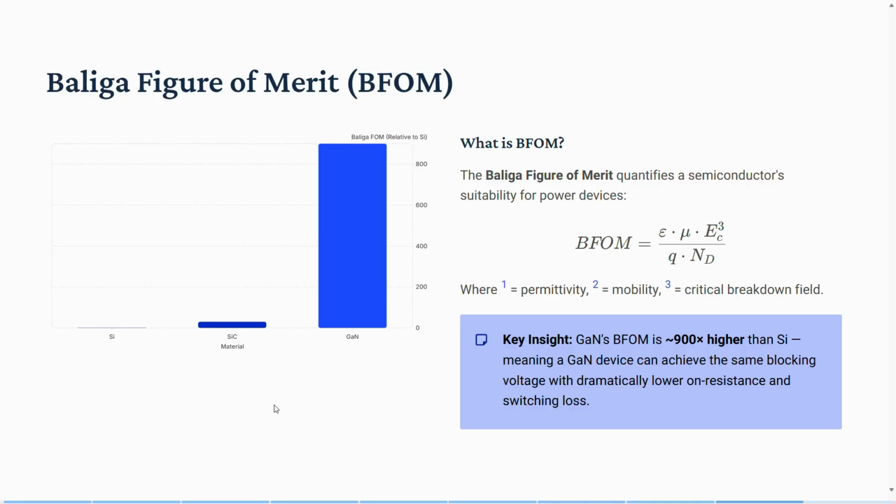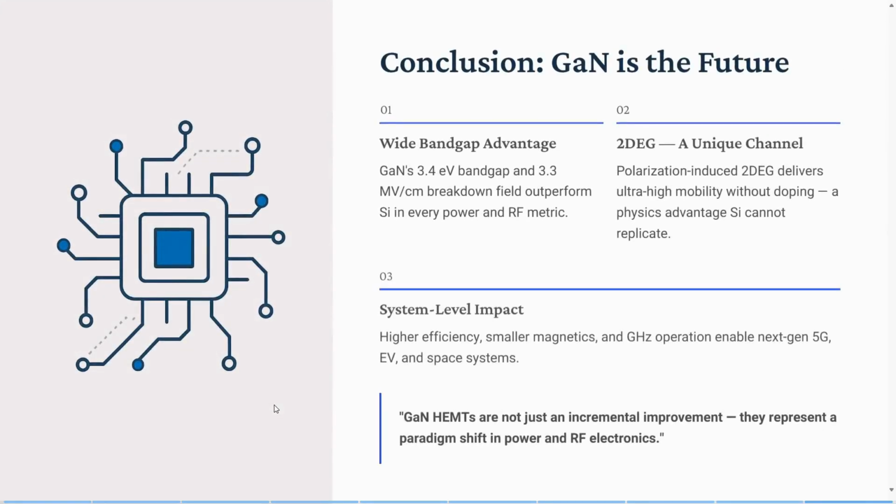In conclusion, GaN HEMTs are an advanced semiconductor technology that offers high speed, high efficiency, high power capability. They are widely used in modern systems like 5G, electric vehicles, and advanced communication technologies. Their ability to operate under extreme conditions makes them superior to traditional silicon devices.